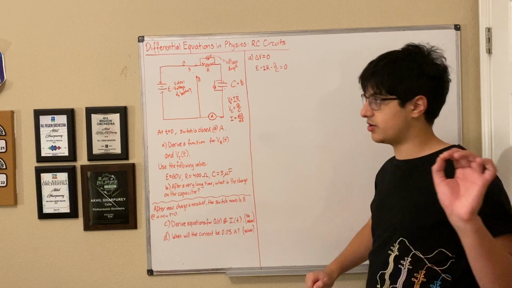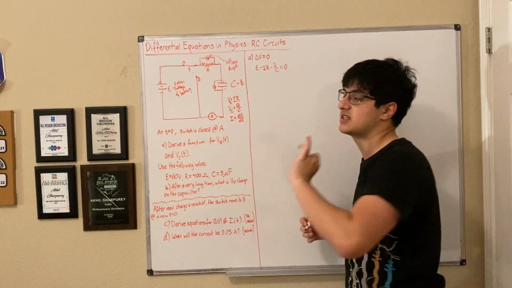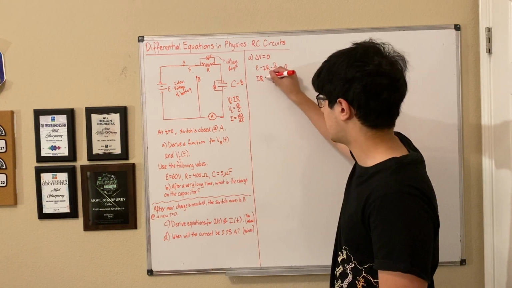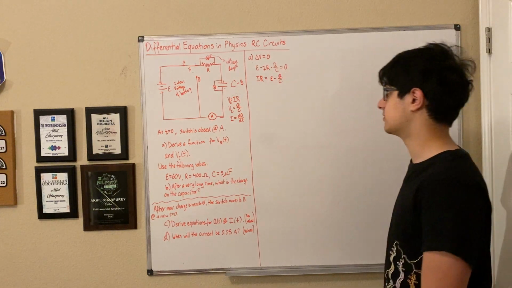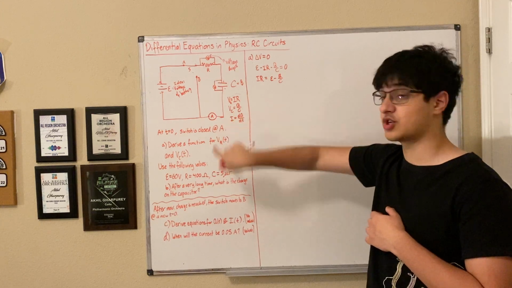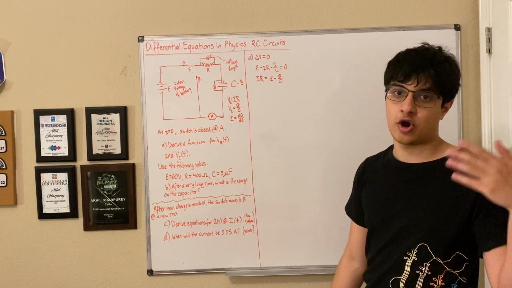So now we're going to do some rearranging here. I'm actually going to rearrange to isolate IR, and you'll see why. So IR is equal to epsilon minus Q over C. But what is I? Well, I is current, right? But what is current? That is the rate of charge flow.